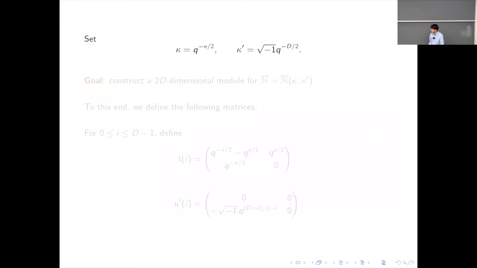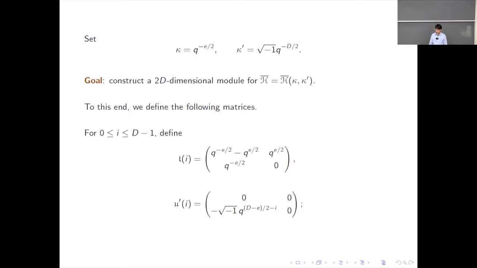With this nil-DAHA, we set k and k prime with this scalar q to the minus e over 2, and k prime is there. Our goal is to construct a 2D-dimensional module for H bar. Mimicking the idea of the Q-Racah case, we define suitable 2 by 2 and 1 by 1 block matrices. Ti is some 2 by 2 matrix with a 0 entry here.